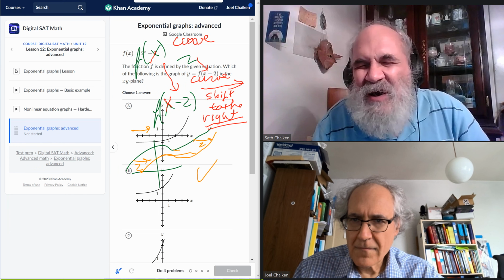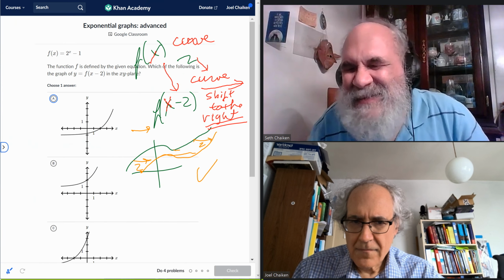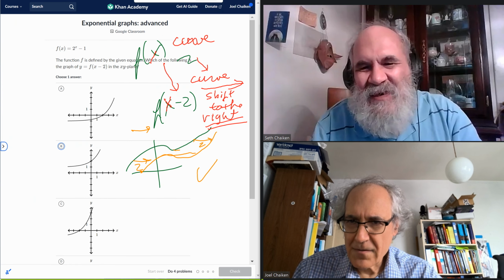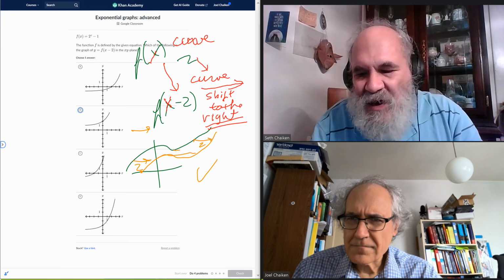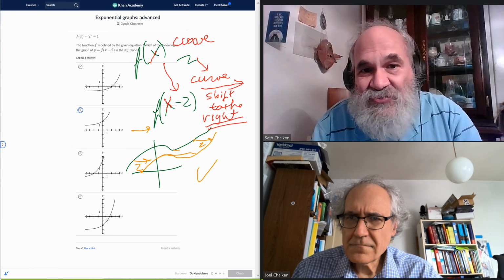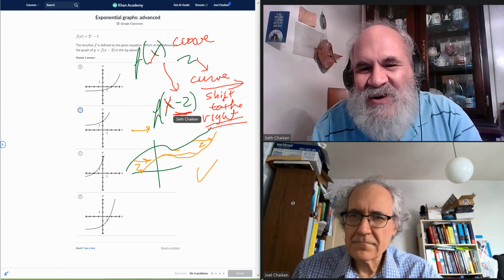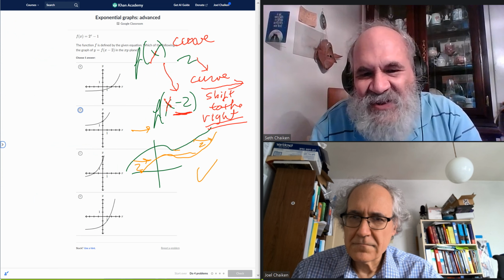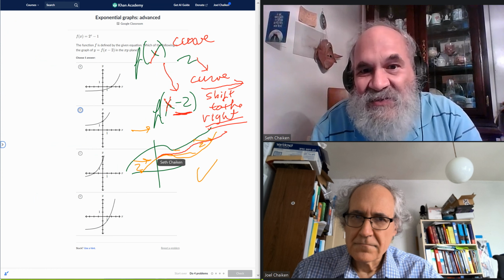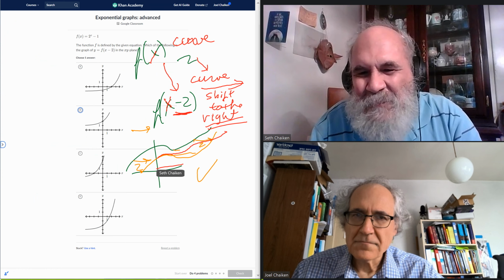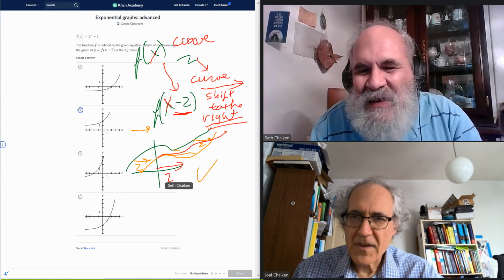A way to memorize it is that it's a little weird. I agree. When the shift amount is written with a minus, you take the curve and shift it to the right in the positive direction. Right, even though it's a minus.